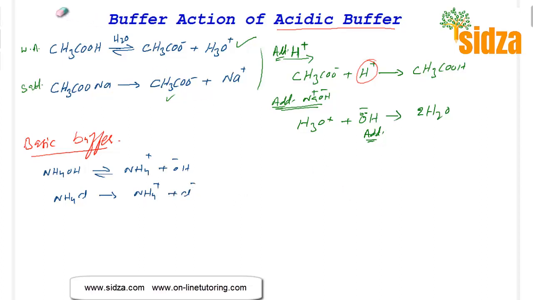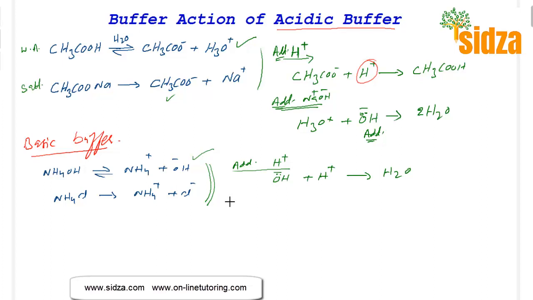Now to this basic buffer, if you add some protons, some acid, the acid will give H+ ions. This H+ ion is going to react with the hydroxide ion from the mixture and form water. So it will neutralize the effect of the added acid.